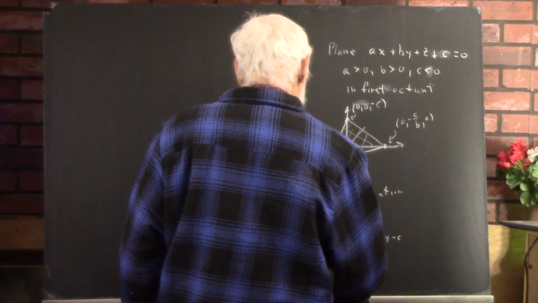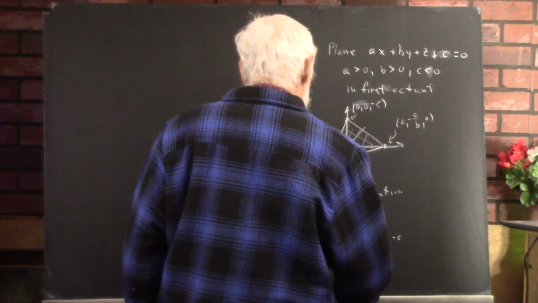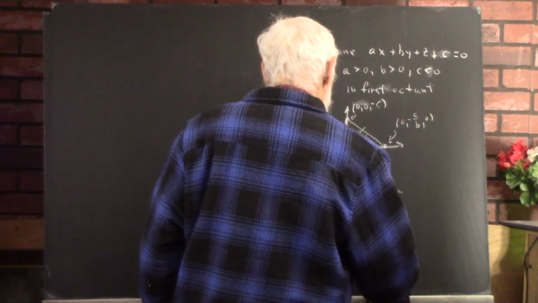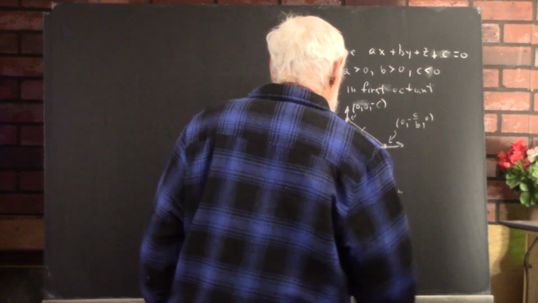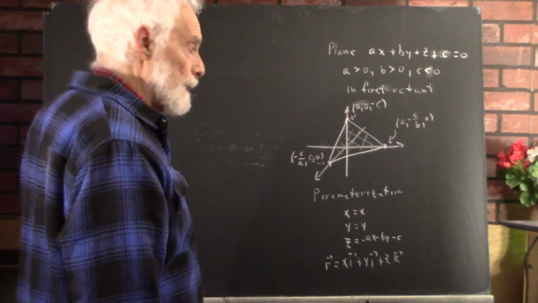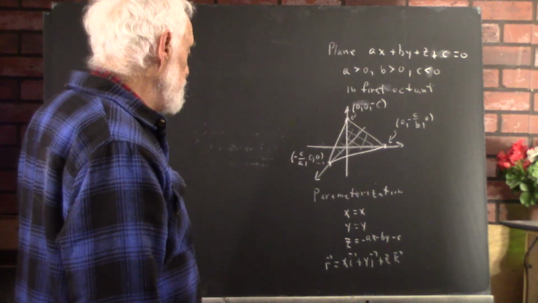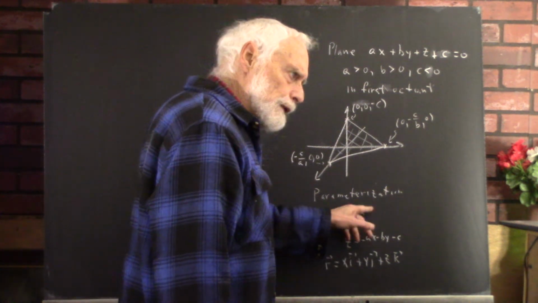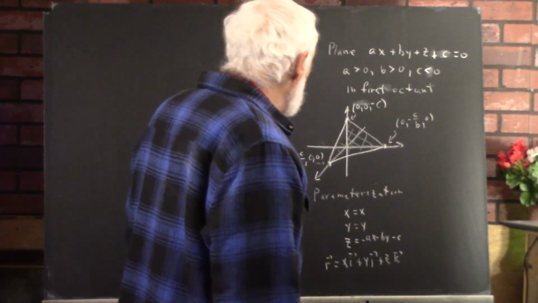Say our vector is xi plus yj plus zk. Now you have limits on your x and y.